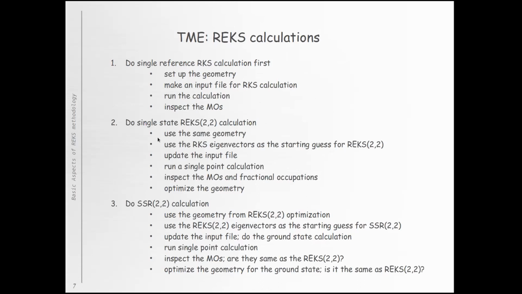We shall use the same geometry, and we shall read eigenvectors from the previous calculation. I will show you how to do that with GAMESS. It's not done automatically. It's a very inconvenient program, not like Gaussian, for example.